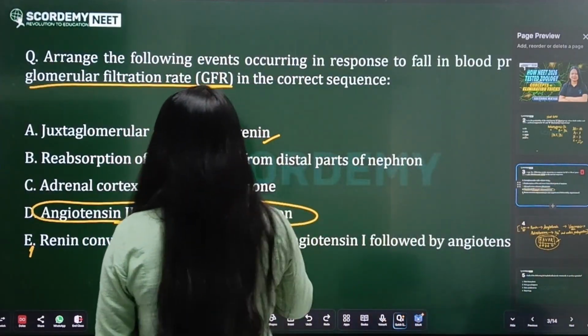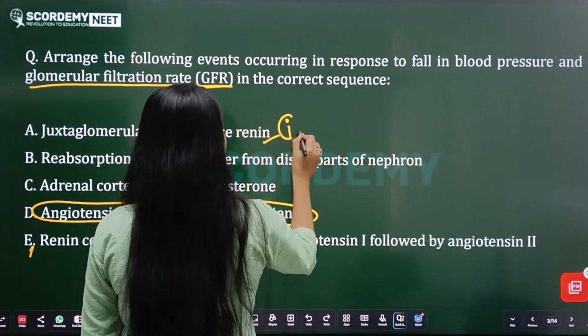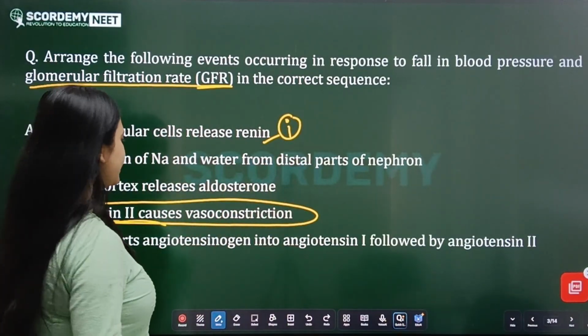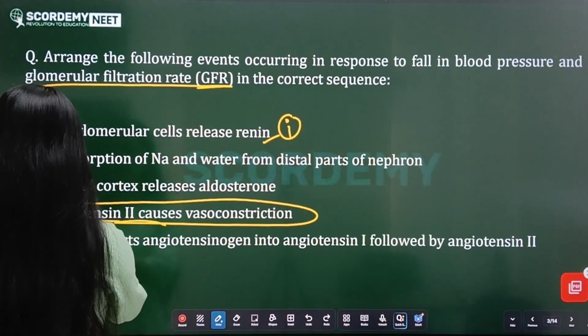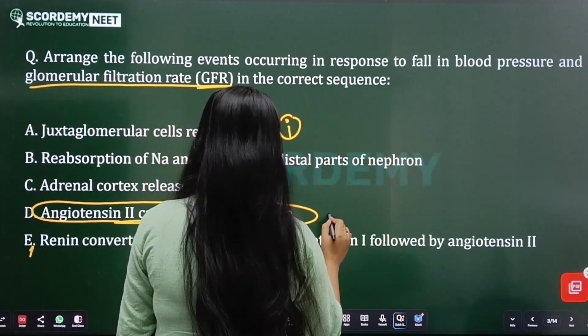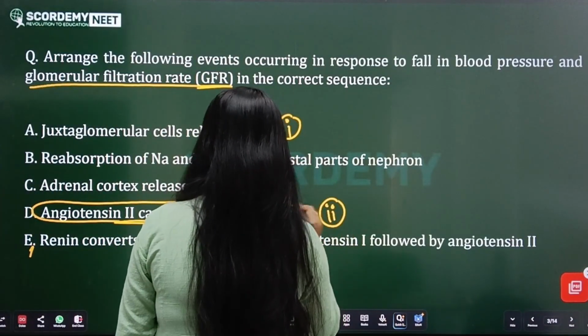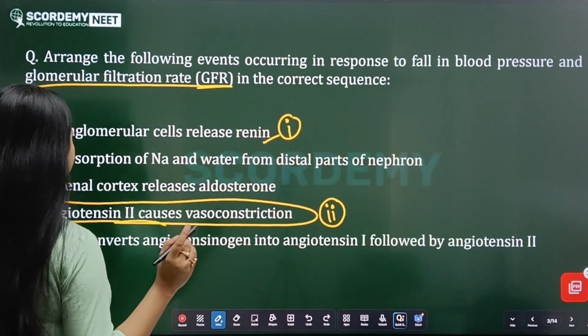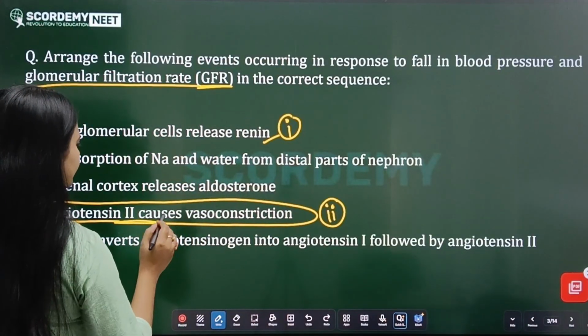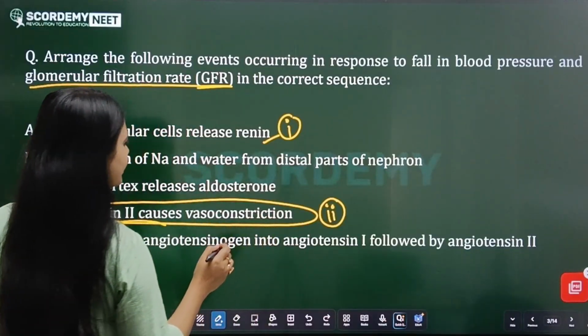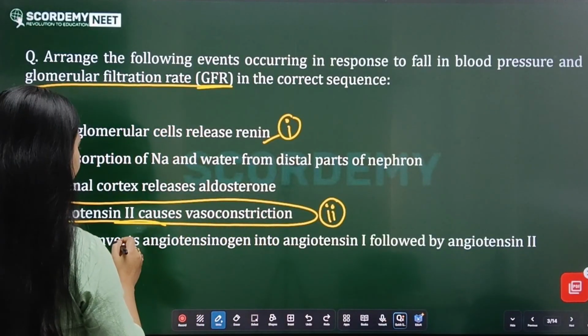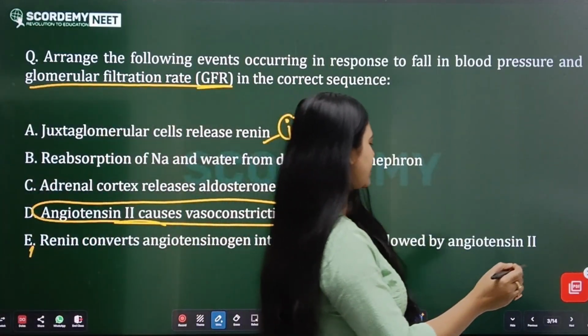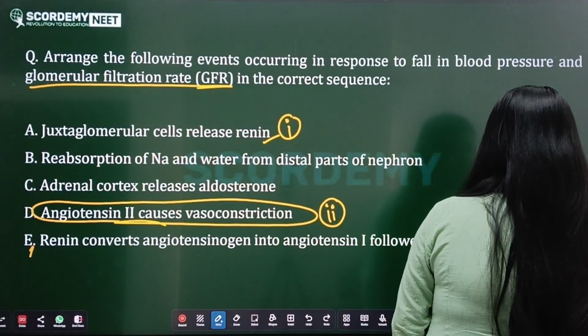Then see the question. So this is first, renin. Then second is angiotensin. Angiotensin will cause vasoconstriction, statement D. Then third, it converts angiotensin 1 to angiotensin 2.